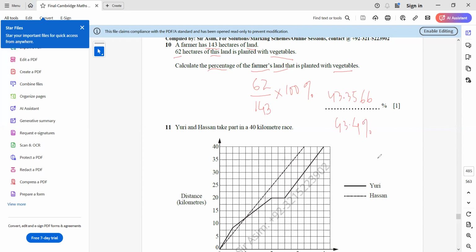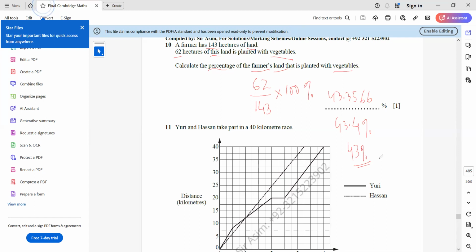That is your answer. Or even if you do not want to give the answer to the decimal place, if you write it 43%, that is also equally fine.